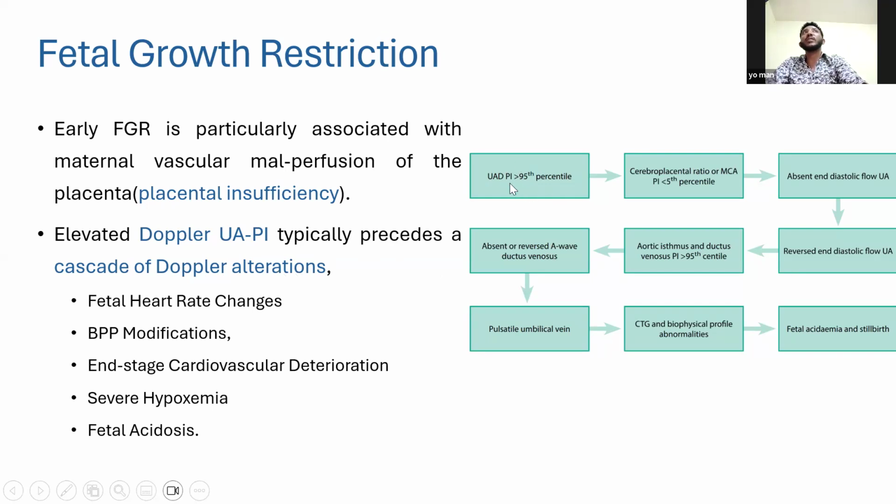For example, the first thing that is altered in fetal growth restriction is the uterine artery Doppler PI, which would be greater than the 95th percentile. Then the cerebroplacental ratio would be less than the 5th percentile, and as the growth restriction increases in severity, there will be absent diastolic velocity, and then reversed flow. So the fetus will encounter such kinds of progressions.